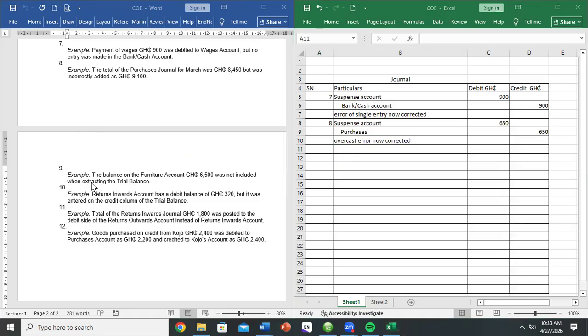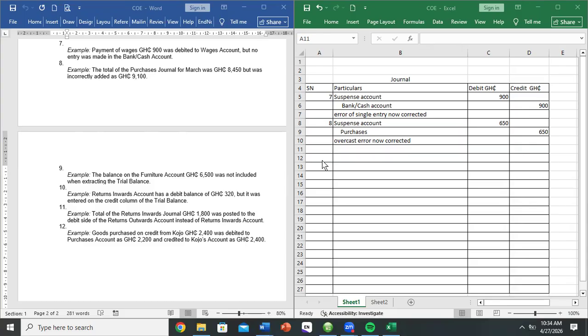Number 9, who is going to read? Rashid, read number 9 for us. The balance on furniture account, 6,500, was not included when extracting the trial balance. Okay. So you remember I hinted you about this error where, when you are preparing your trial balance, you omitted an account balance.